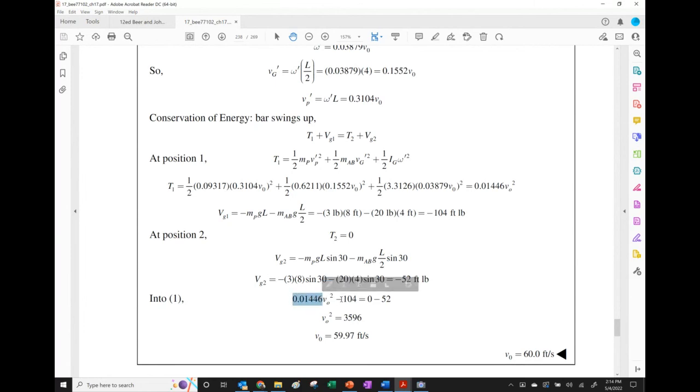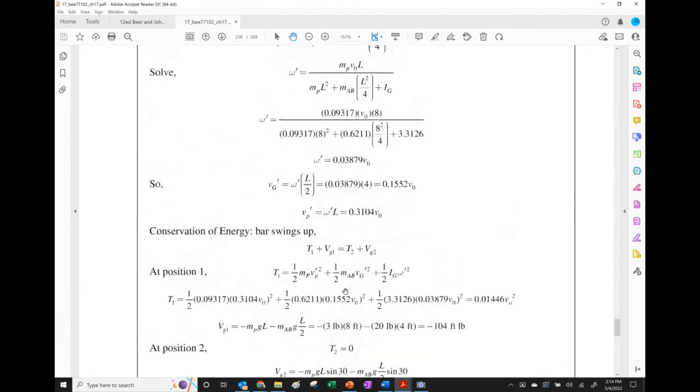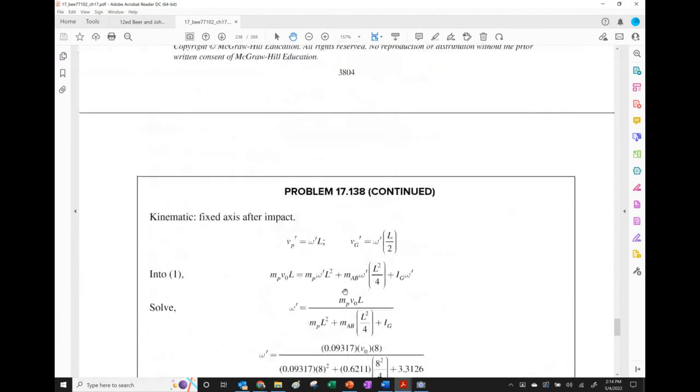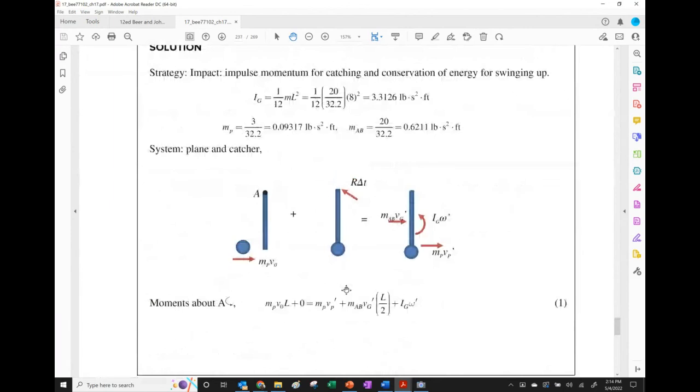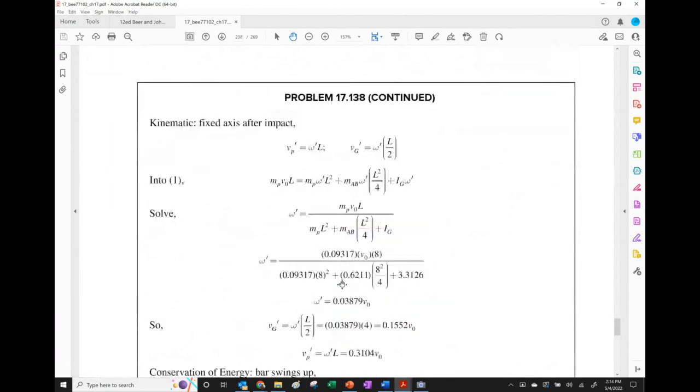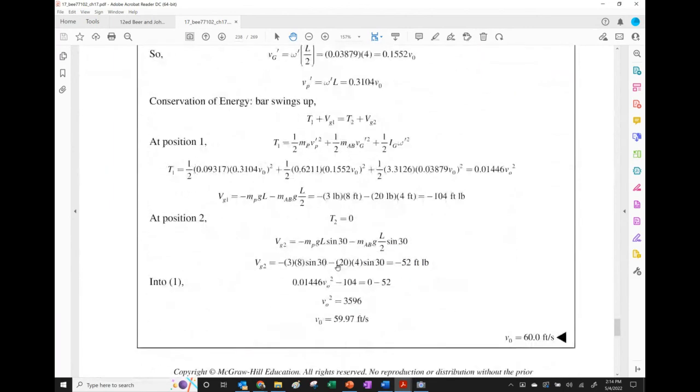This is, oh, what is this 104 right here? What is that guy? Where is he from? I don't see that. Where's 104 come from? 104. He's got, for whatever reason, they have a negative 104.